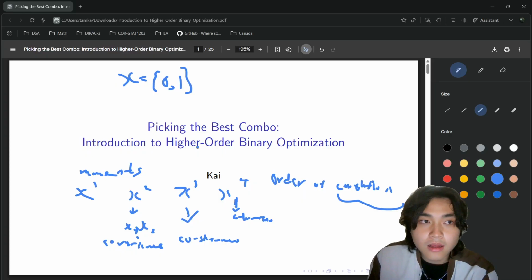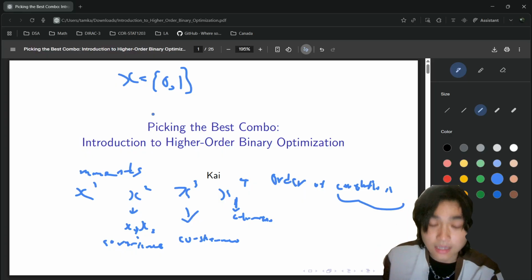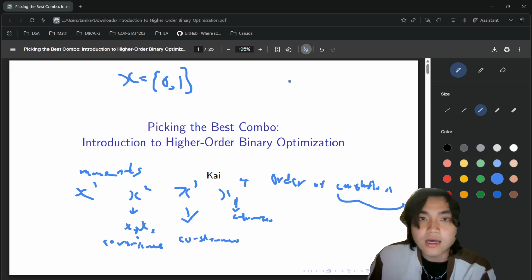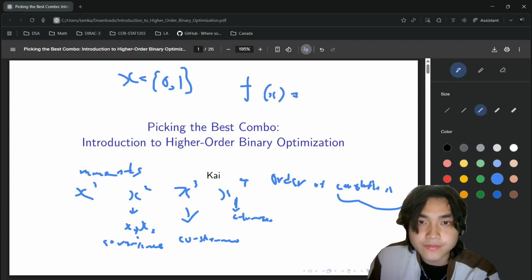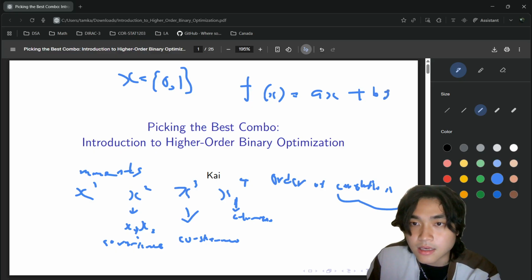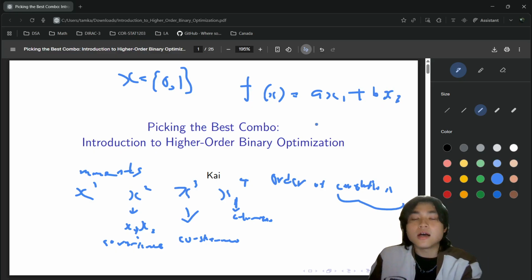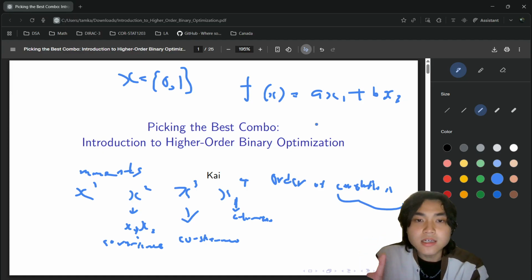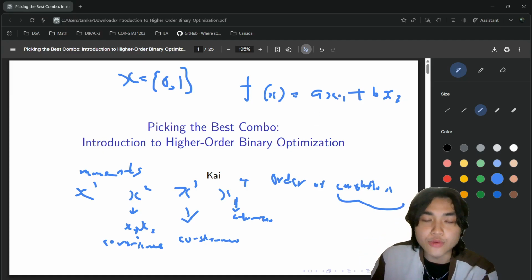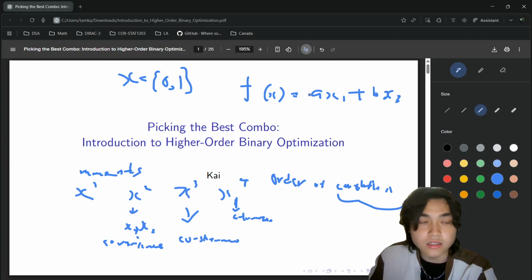So for our optimization model, say we have a function here, ax1 plus bx2. Essentially, what we are trying to do is decide whether we should include the a here and the b here within the coefficients as the output of this function.